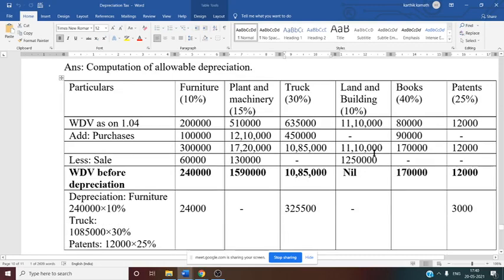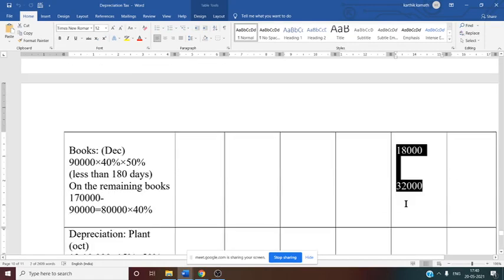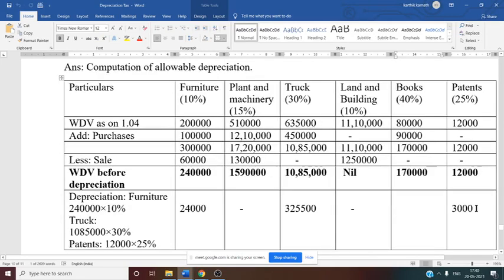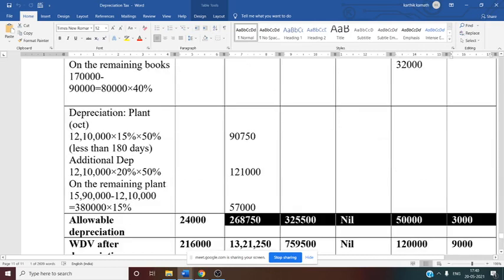It is nil. Book. What about book now? Book there is two depreciation, a normal depreciation and depreciation on remaining balance, 18,000 plus 32,000, that is 50,000. Next you need to see for patent. Patent is only one depreciation, 3,000, so directly you can write 3,000. So we calculated allowable depreciation.